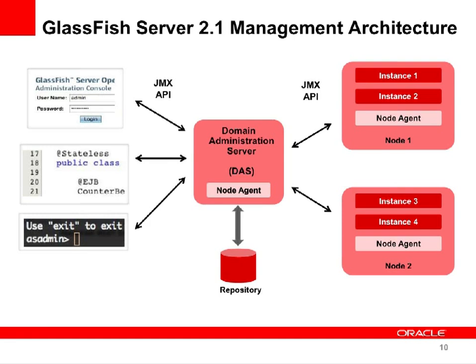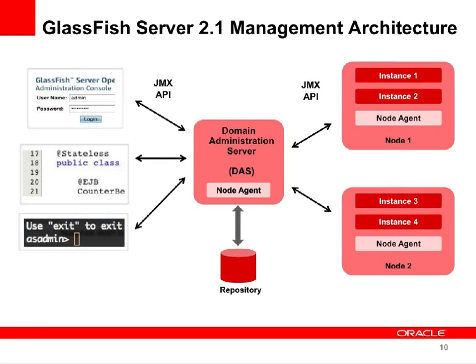When I create a cluster across multiple hosts, you would select multiple node agents, and those node agents would then create those instances and start them. The node agents are more or less responsible for managing the life cycle of instances, whether it's create, start, stop, or destroy them. It also acts as a watchdog, so if an instance fails, it will automatically restart it.